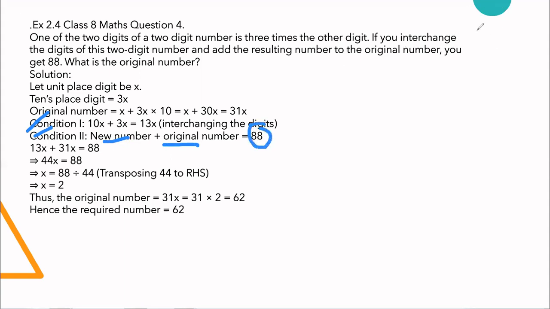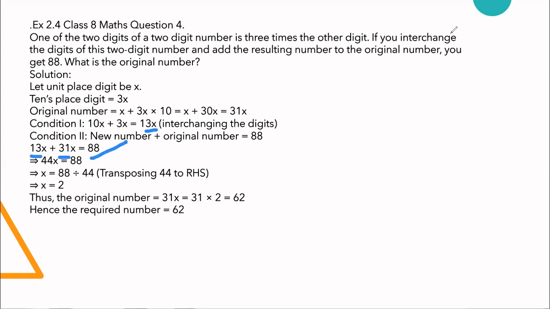So what was our original number? Absolutely right. It was 31x, which we had got over here. So 31x. Now 13x. How did we get that? When we applied the condition, right? So if we add them together, we get 88.